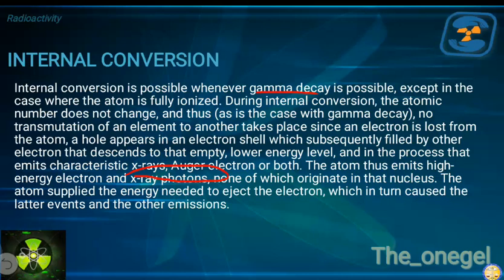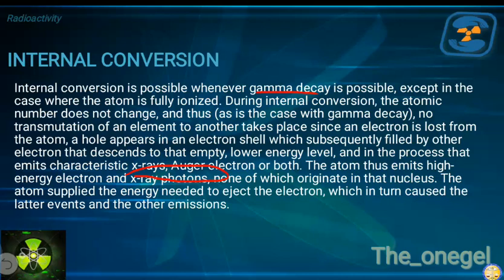Posible with an internal conversion because the emission of Auger electron or characteristic radiation is from the orbital electron shell. Nakuha? Ang galing talaga ng mga BSRT2 students. Okay. The atom supplied the energy needed to eject the electron, which in turn caused the latter events and the other emission. So, yon. That's internal conversion.